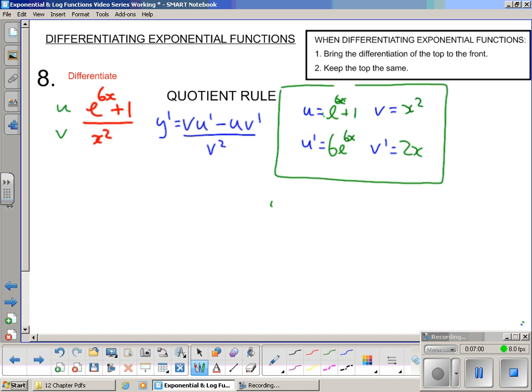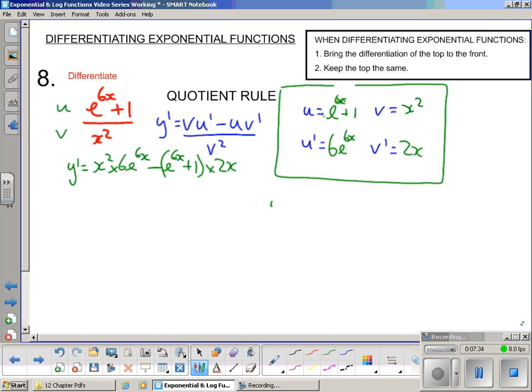So if we're filling in our quotient rule here, we have y dash equaling the following. We have v, which was x squared, times u dash, which is 6e to the 6x, minus u, which was e to the 6x plus 1, and I'd better put that in brackets, multiplied by v dash, which is our 2x.